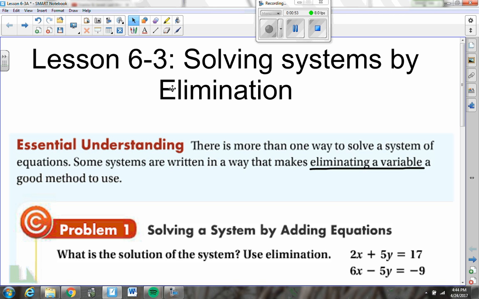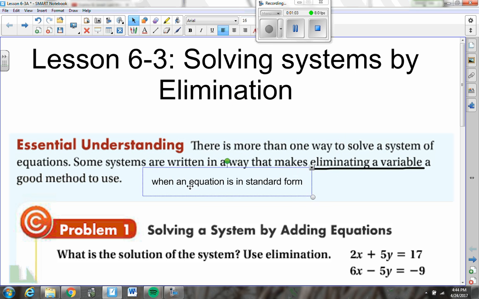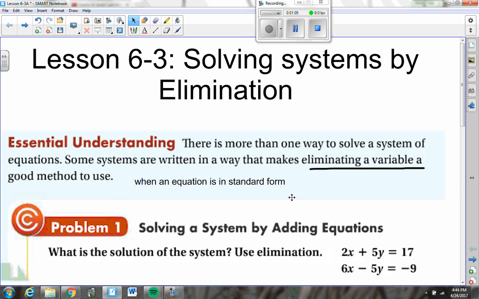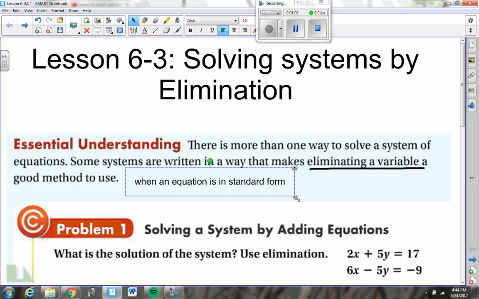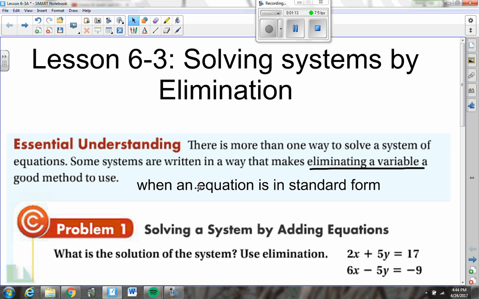We are going to do this usually when an equation is in standard form. When an equation is in standard form, usually we are going to solve using elimination. And I'm going to show you the easiest version of that in this video.